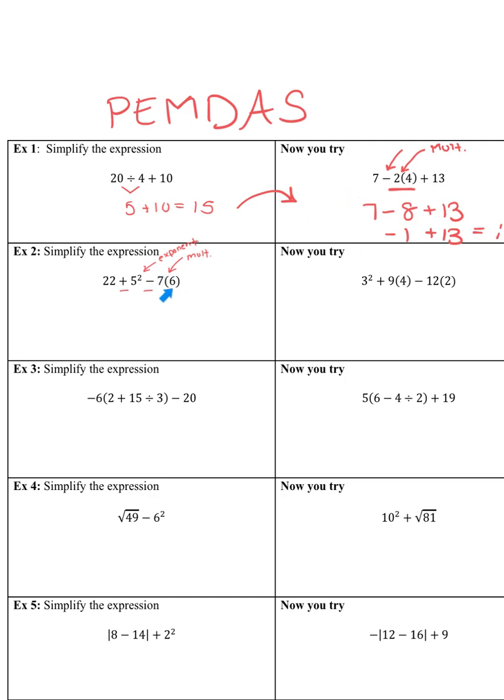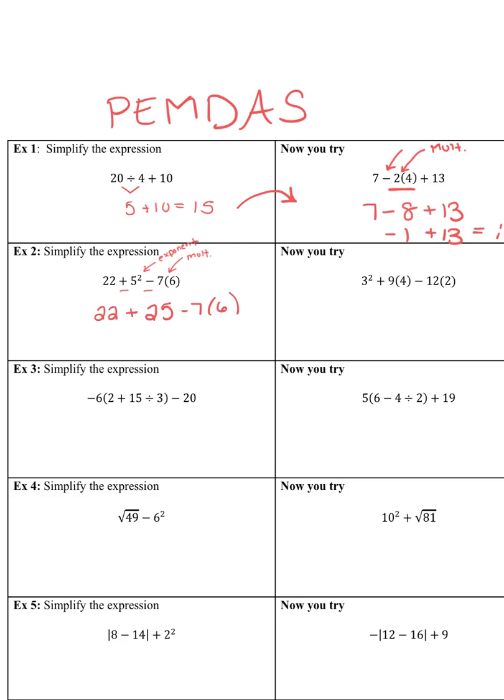So I have parentheses, but again, what's on the inside of them, I'm not going to simplify, nor am I going to do the multiplication first. I'm actually going to do the exponent first, because that's what it calls for in my order of operations. So I'm going to rewrite this as 22 plus, and then I'm going to evaluate that 5 squared, which is 25, or 5 times 5.